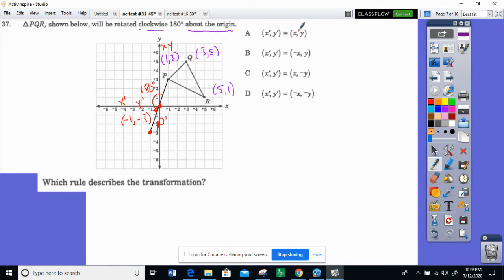Well, A says that they stay exactly the same. That is false. B says we keep x and y the same, but we add a negative sign to x. We did add a negative sign to x. We did change the sign of x, but we did it to y also, which is why D is actually the correct answer. We changed the sign of x, but we also changed the sign of y, so 1, 3 changes to -1, -3.